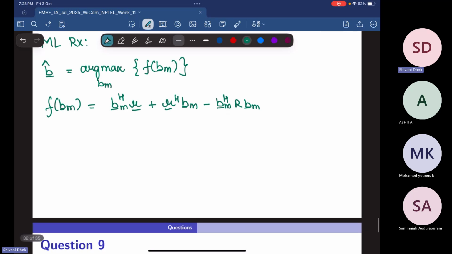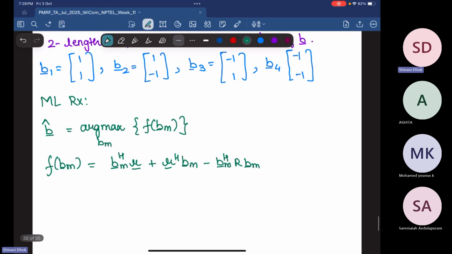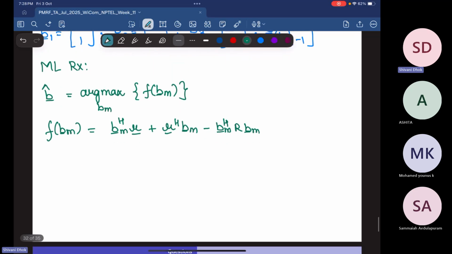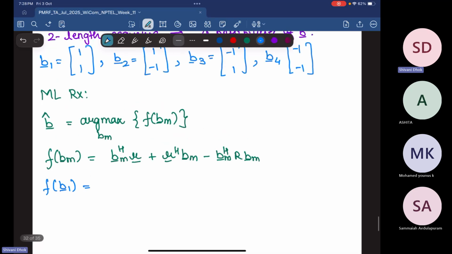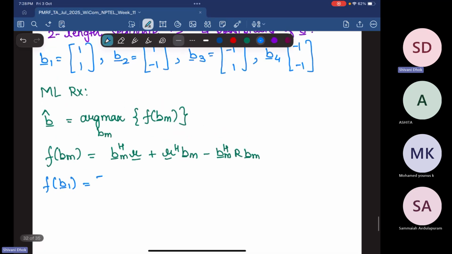Yeah. So now what I'll do is I'll substitute all of these one by one in this. So I have f of B1, where your B1 is 1 1. So you have 1 1 into your R. R is given to us as -0.45, -0.03, plus you have the same thing.